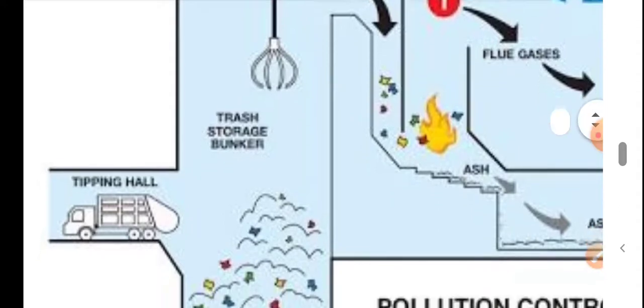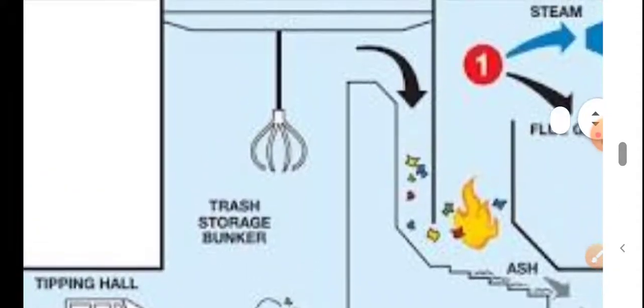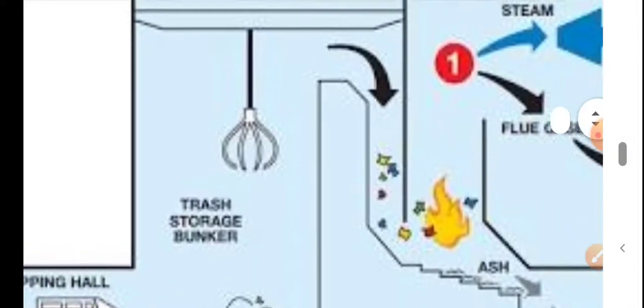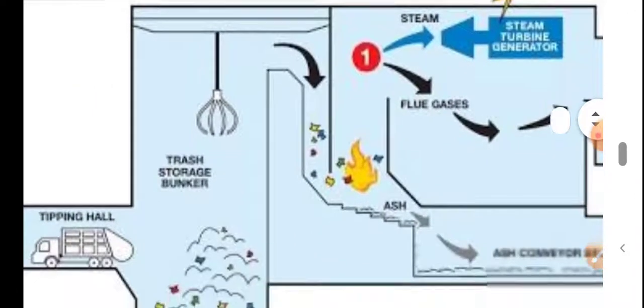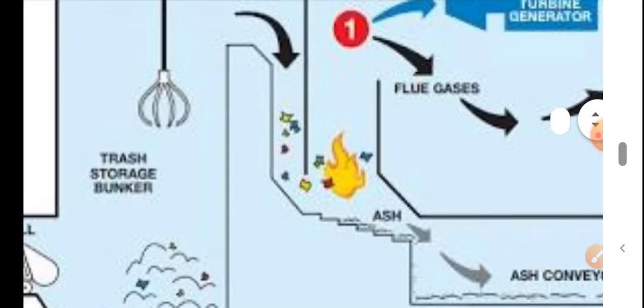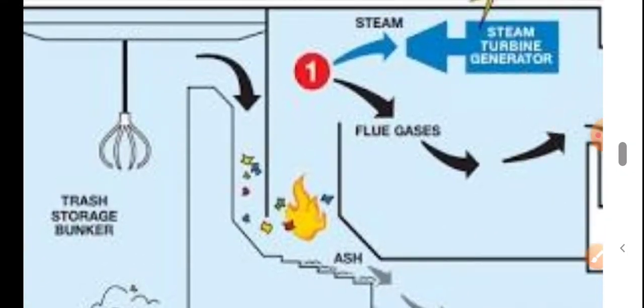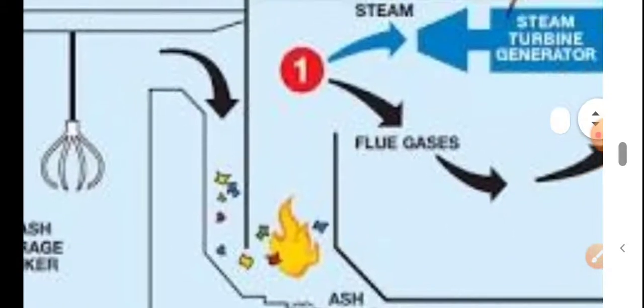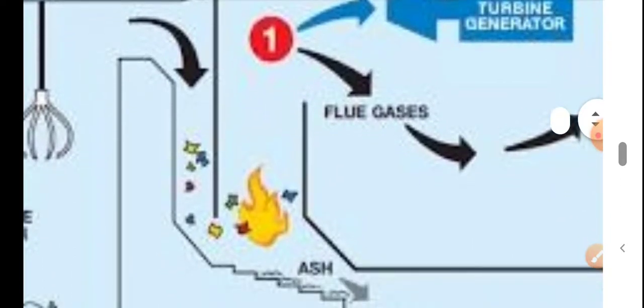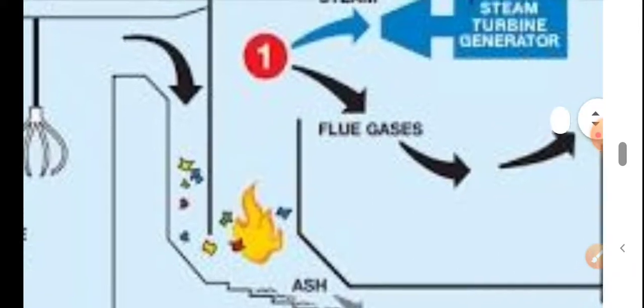The waste material is put in this storage bunker and it is mixed by some methods, and after that the waste material will be put into the furnace where the combustion takes place, and there is a boiler where the steam is generated.